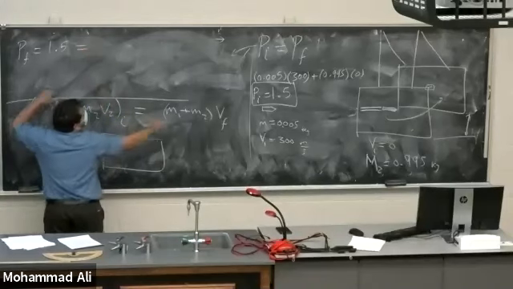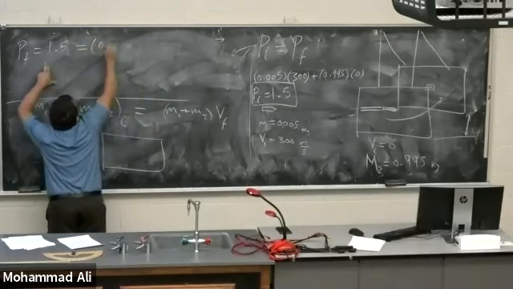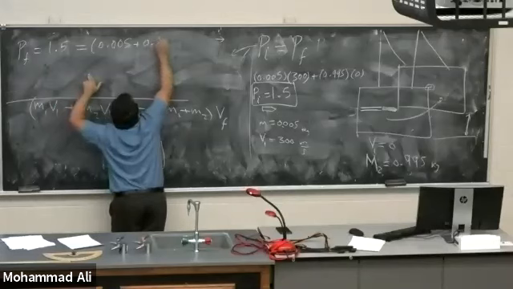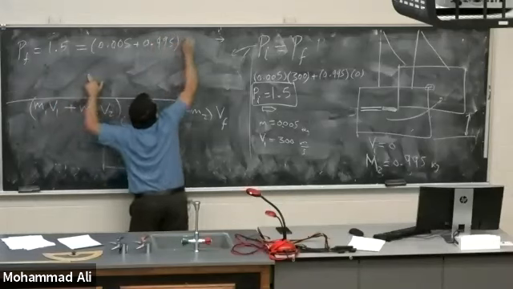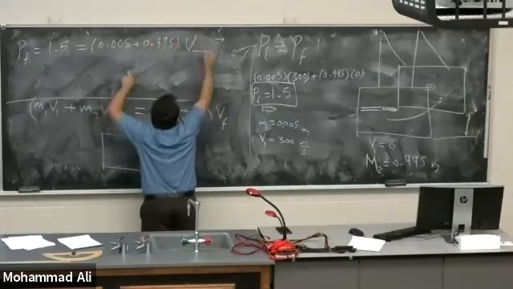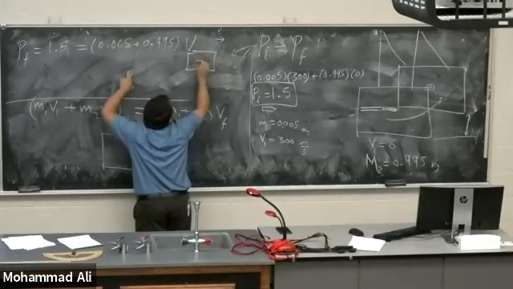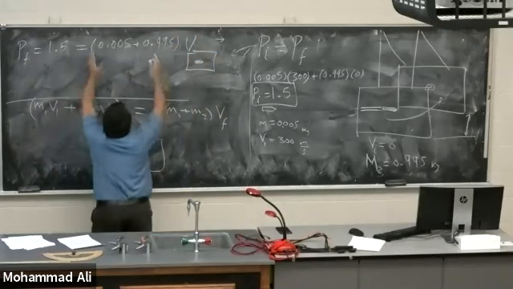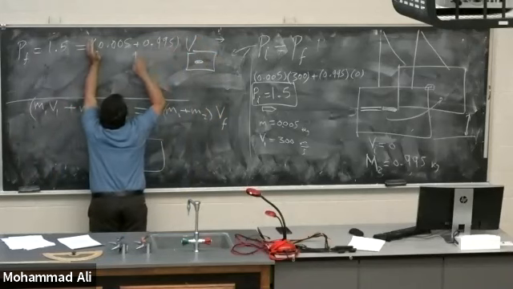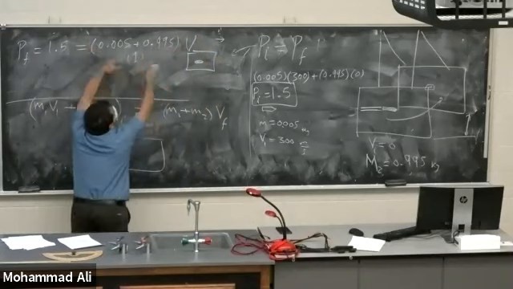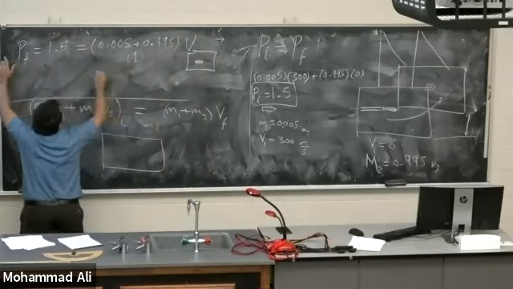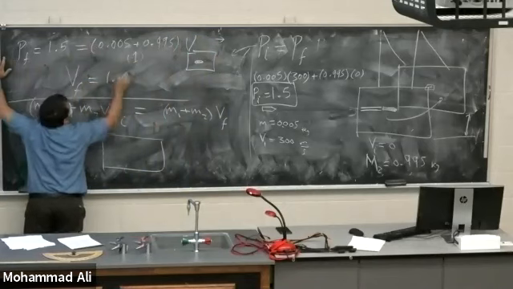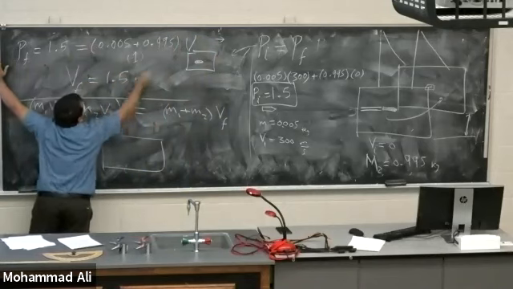Which is equal to the total mass, 0.005 plus 0.995, multiplied by the velocity of the box with the bullet inside it. All of this mass is equal to 1, as you see. Divide over 1 or do anything, the velocity finally is equal to 1.5 meters per second.